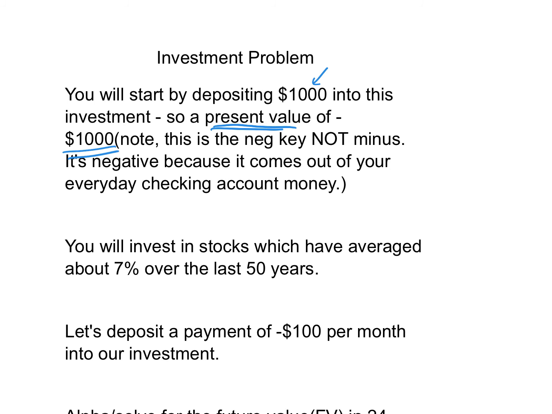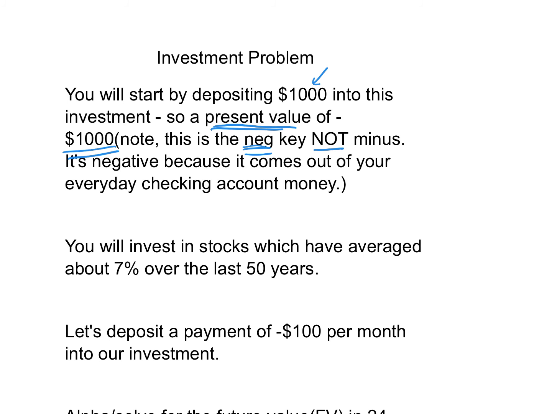It's like you saved up a bunch of money from mowing lawns and babysitting, and however you got this money together, you've got $1,000. So take that present value, type it in under PV, and you would not want a minus here. You are going to be depositing that into the investment, and you're going to use the negative key.